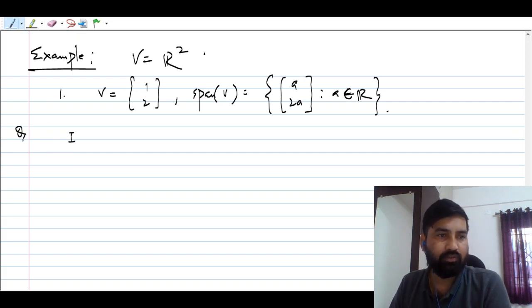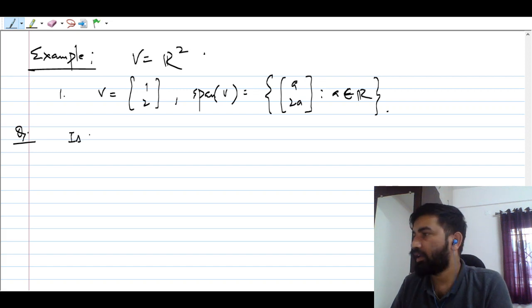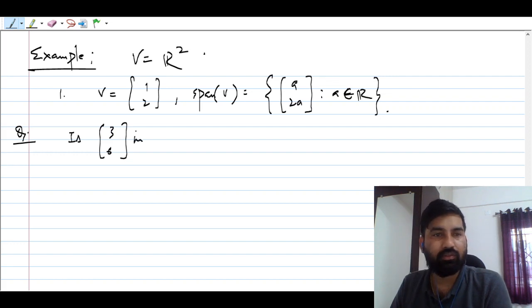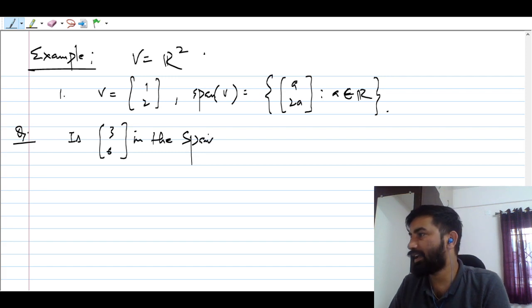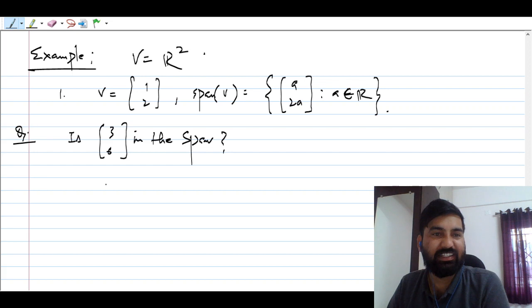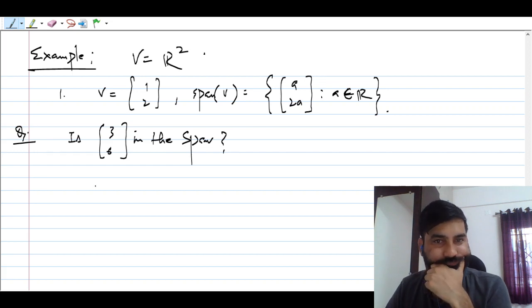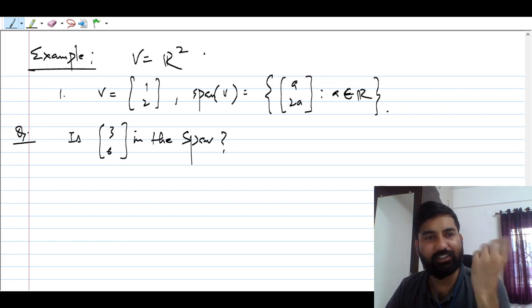And the second one is, जैसे मान लो एक क्वेश्चन मैं लेता हूं ऐसा, is 3 6 in the span, okay? 3 6 in the span that you have to take care of. You can say that yes, it is in the span. How?